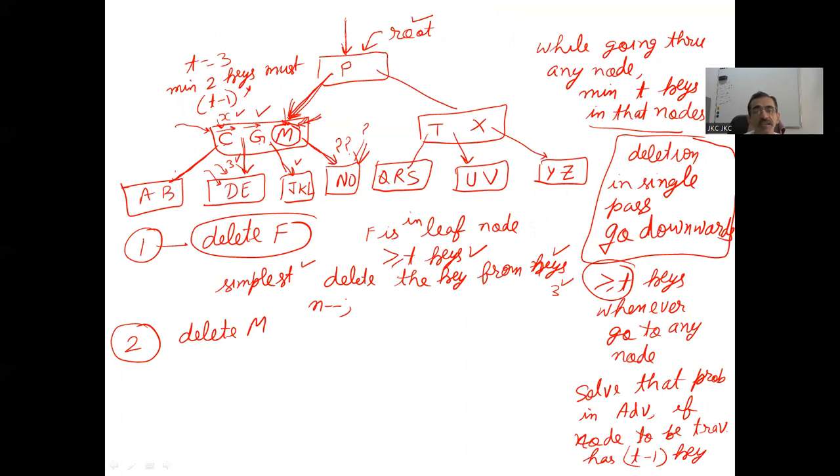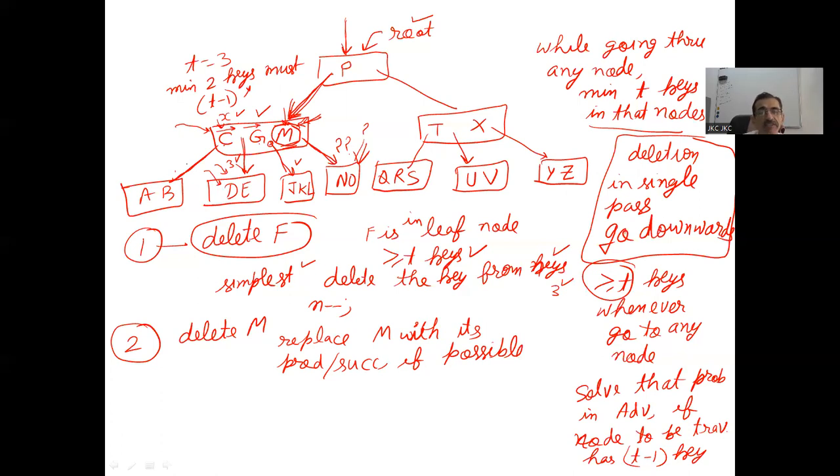The solution will be that effectively I am going to replace M with either its successor or predecessor if possible, because replacing M with successor or predecessor will make things easy. The advantage being the whole node structure will not get disturbed.